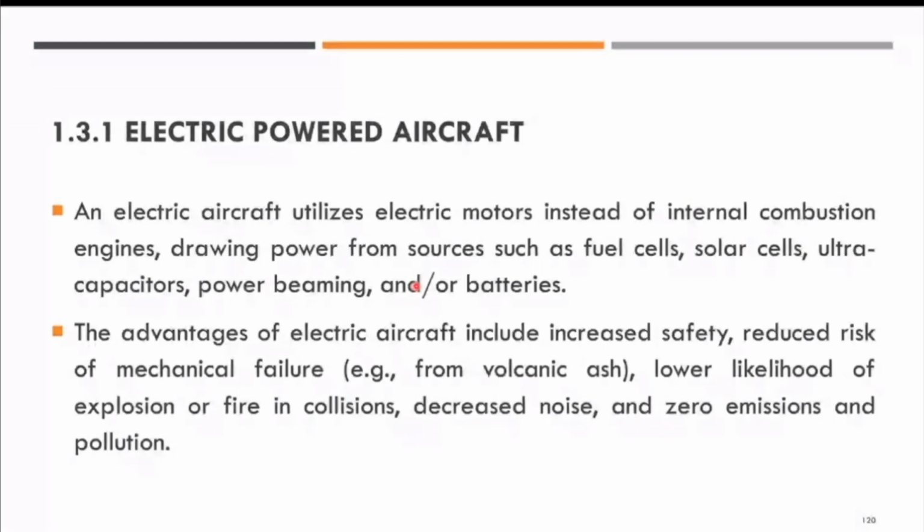So you can have a source of electricity from fuel cell, solar cell, power beaming, or even battery. So the advantages of electric aircraft, because you are having safety, reduced risk of mechanical failure, normally coming from volcanic ash. So that's why it is also having decreased noise, zero emission, and pollution.